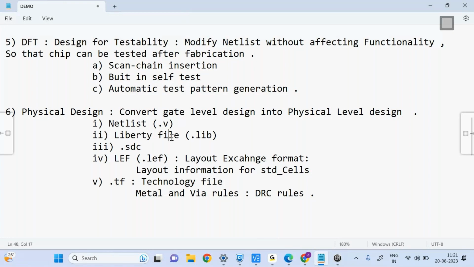So layout information is present in which file? LEF file. For all the standard cells we already have the layout. Even we need to draw the layout also.